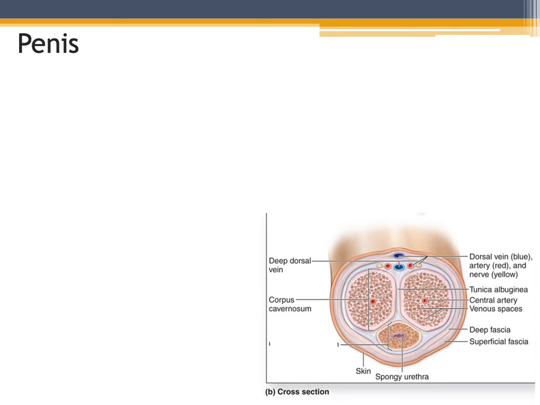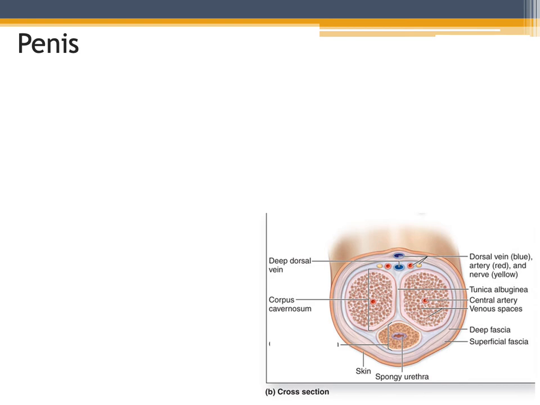In between the fascia and the corpus bodies, we have a binding of taut fibrous connective tissue known as the tunica albuginea. The tunica albuginea will ride in line with the fascia in terms of its attachment onto the suspensory ligament.